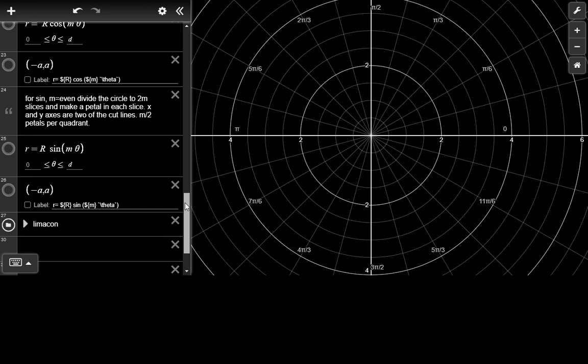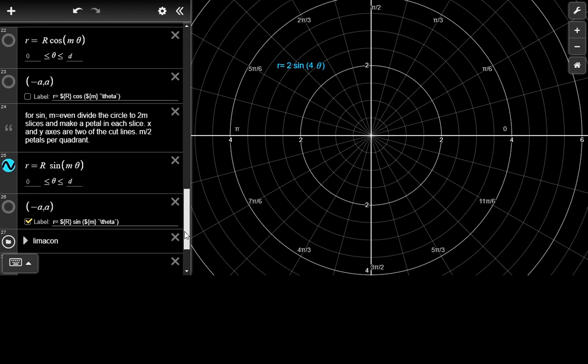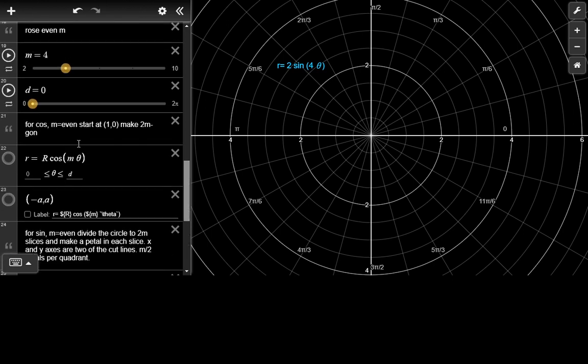So there are going to be m half slices per quadrant, and then draw our petals inside those slice marks. So let's take an example: sine of 4 theta. I expect to have 8 petals.